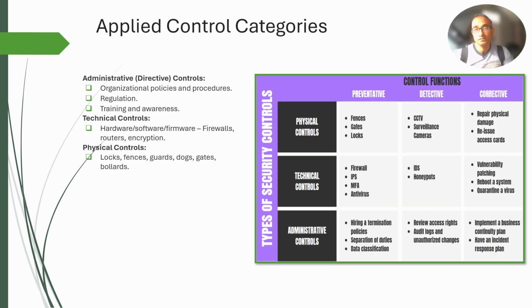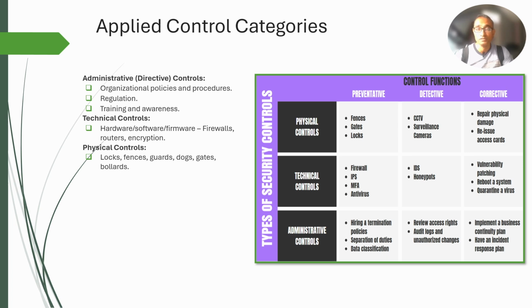For any security framework, including cybersecurity, the controls which have been applied to manage the framework are of paramount importance. The three very distinct control categories in that regard are administrative controls, which are also called directives in certain parlances, technical controls, and physical controls.